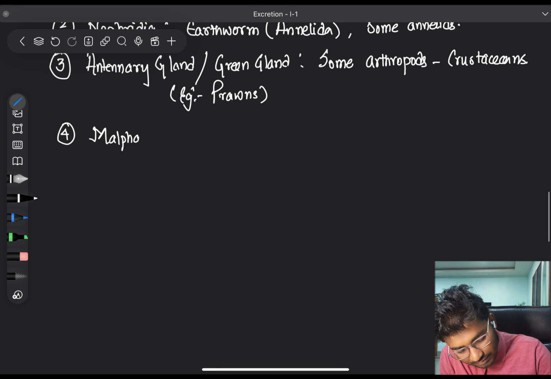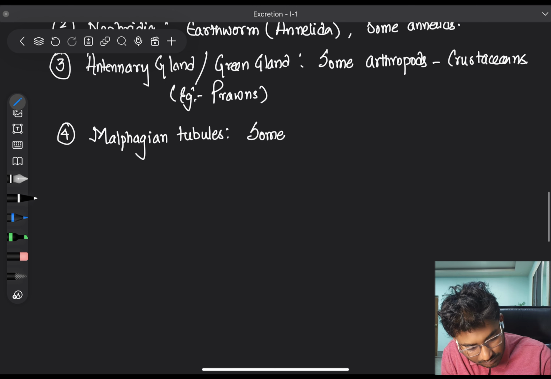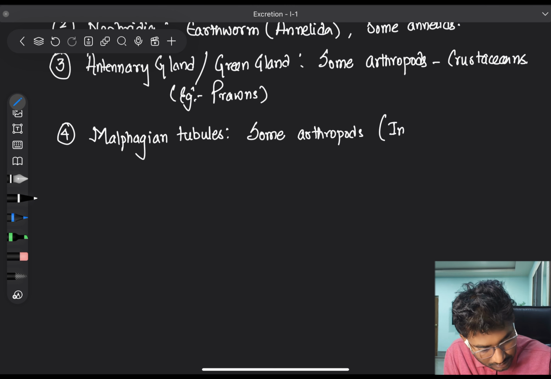Malpighian tubules: some arthropods, insects, cockroach.